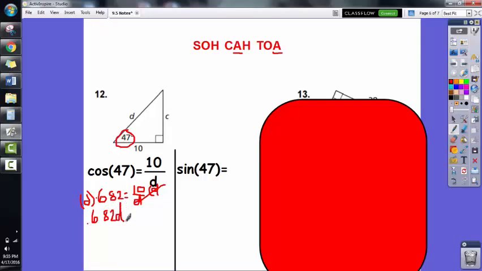So 0.682d equals 10. Now I can divide by 0.682.